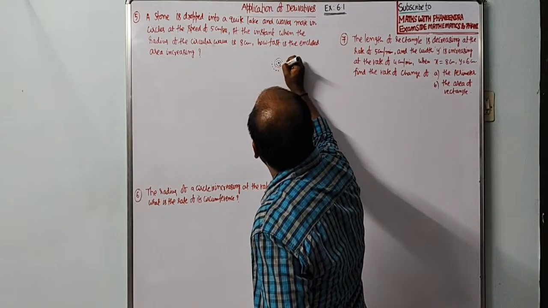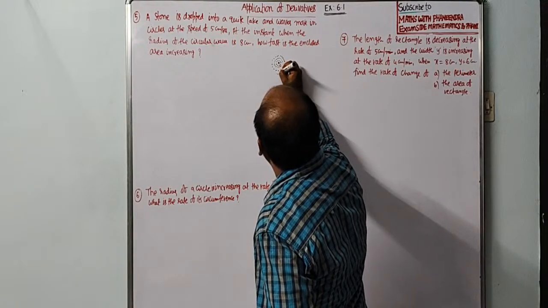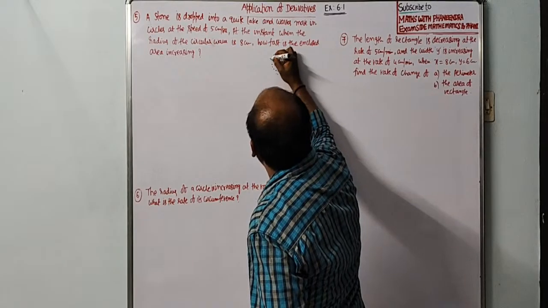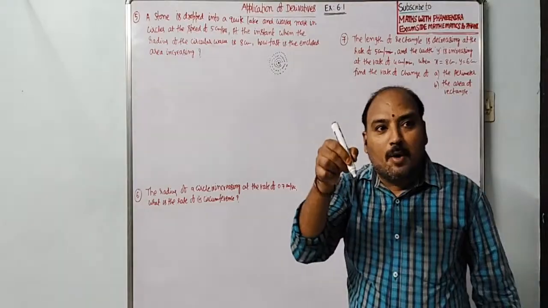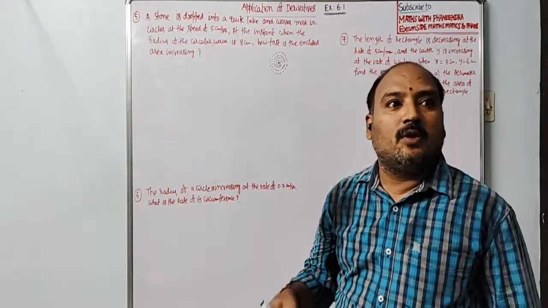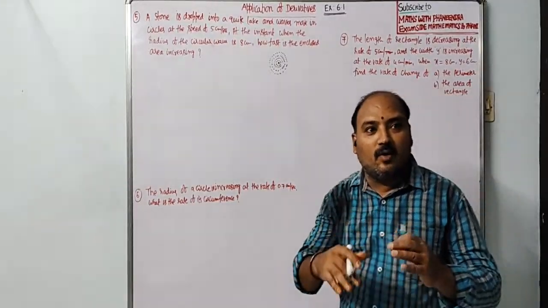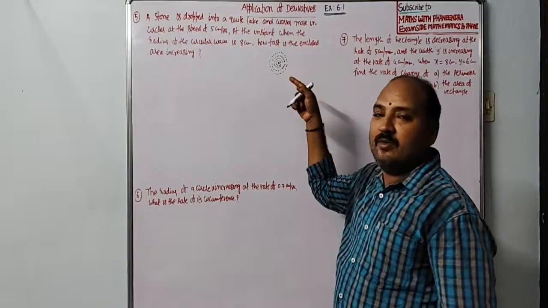Are you observing the figure? When you drop the stone into the quiet lake, the water ripples look like circular waves, which are called circular waves.